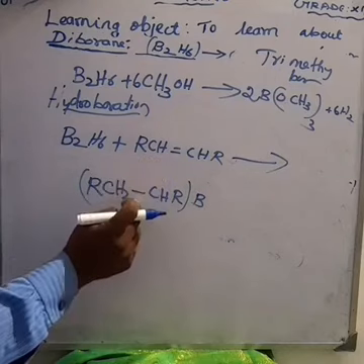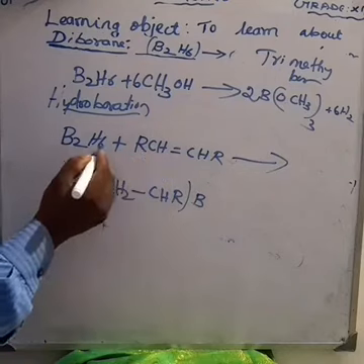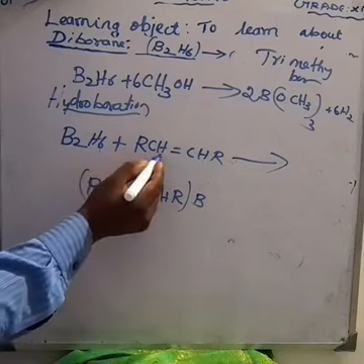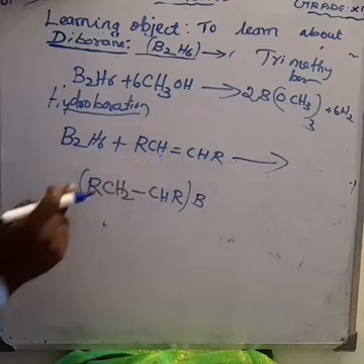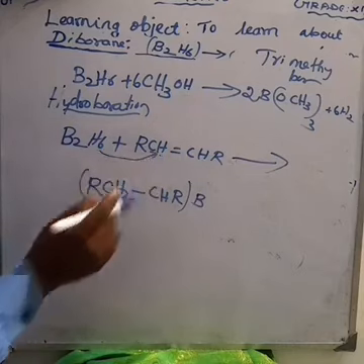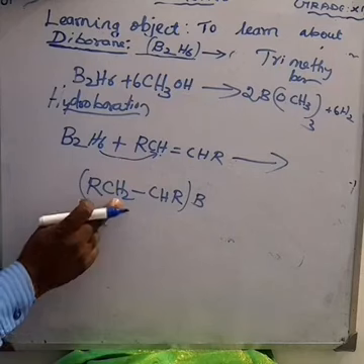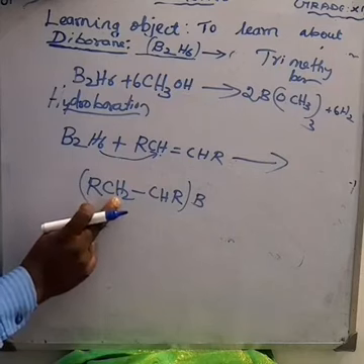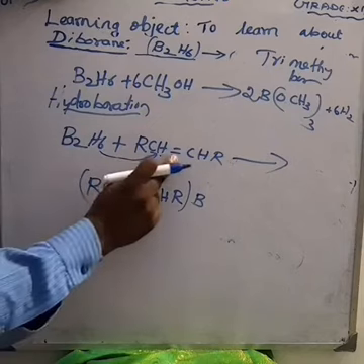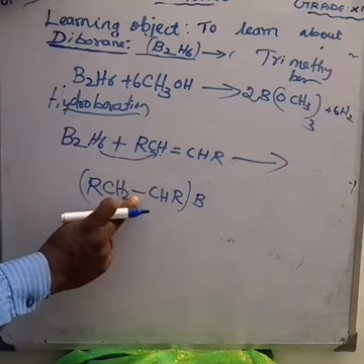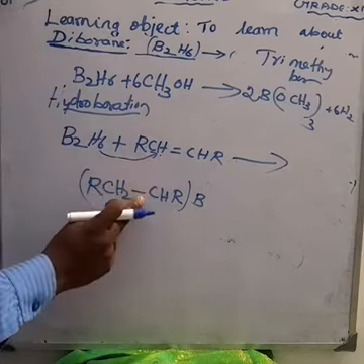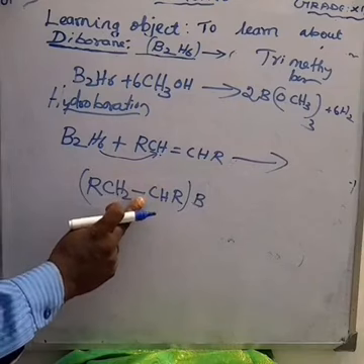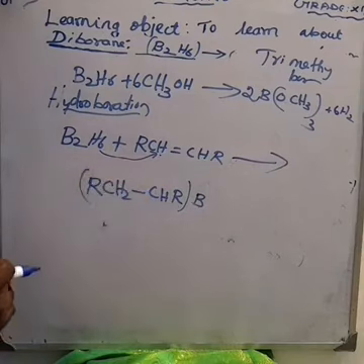Listen all of you, what is happening here is that one of the hydrogens is attached here, so the CH is converted into CH2, and the double bond is converted into a single bond. Am I right? Then how can you balance the equation?